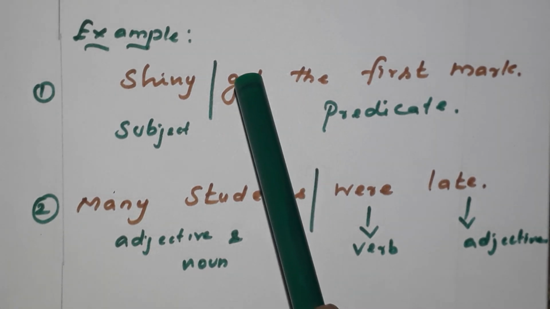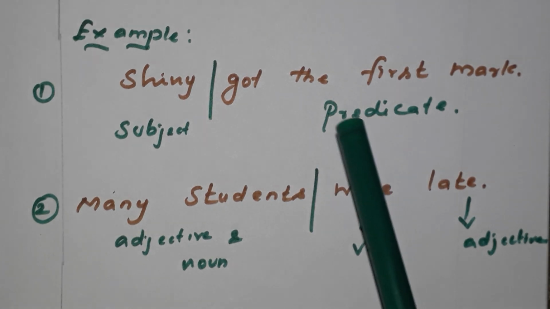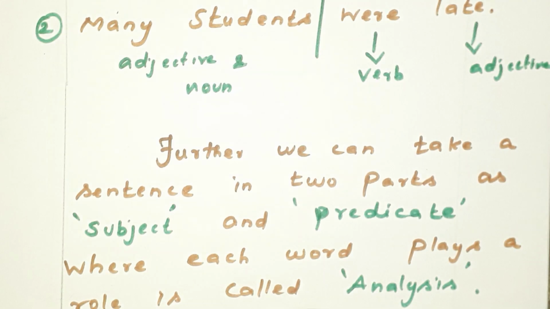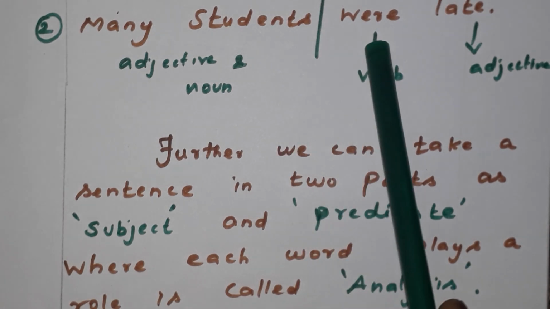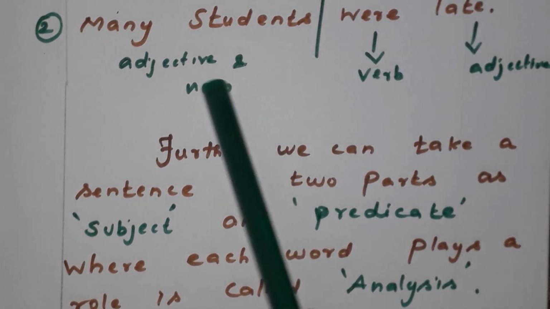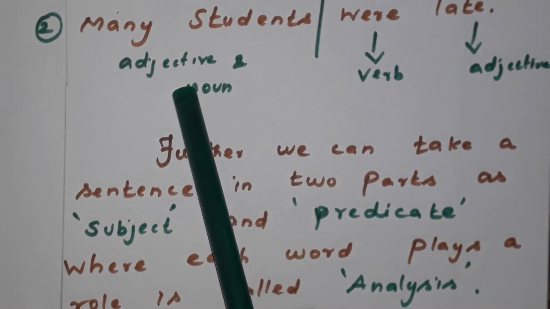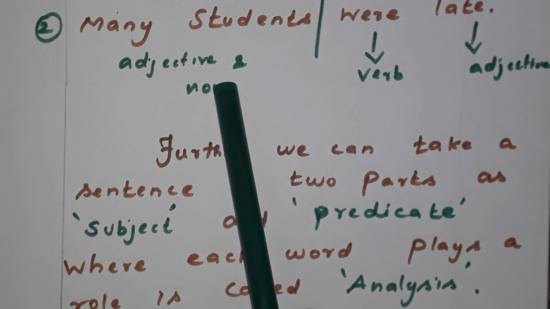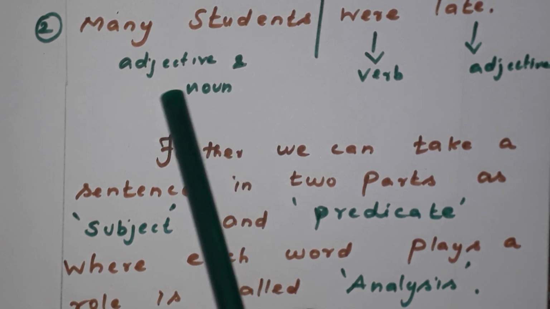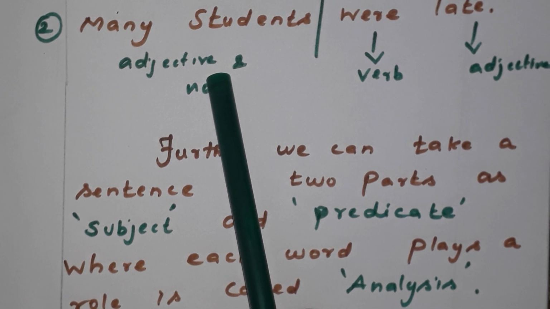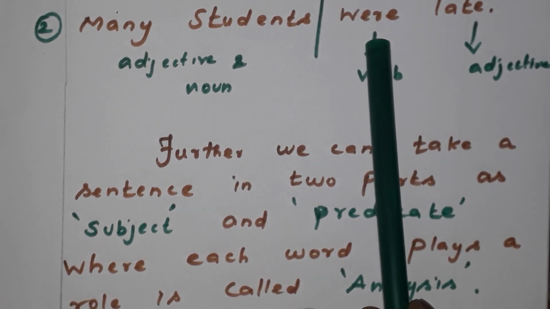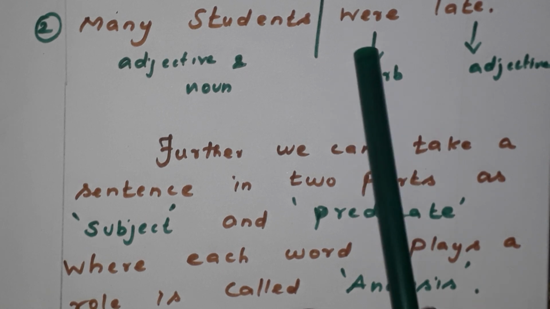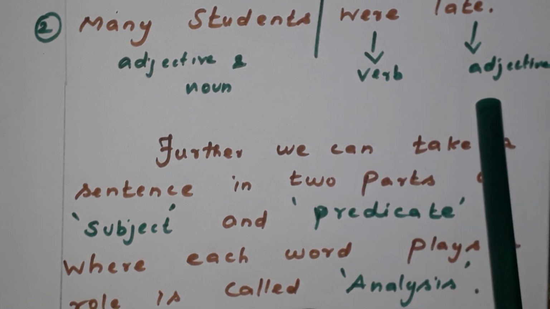It will help you during the exam. Let's move on to another example. Many students were late. In this sentence, many students is considered the subject, which is actually a noun, and the rest of the words are considered the predicate, which contains were as the verb and late as the adjective.